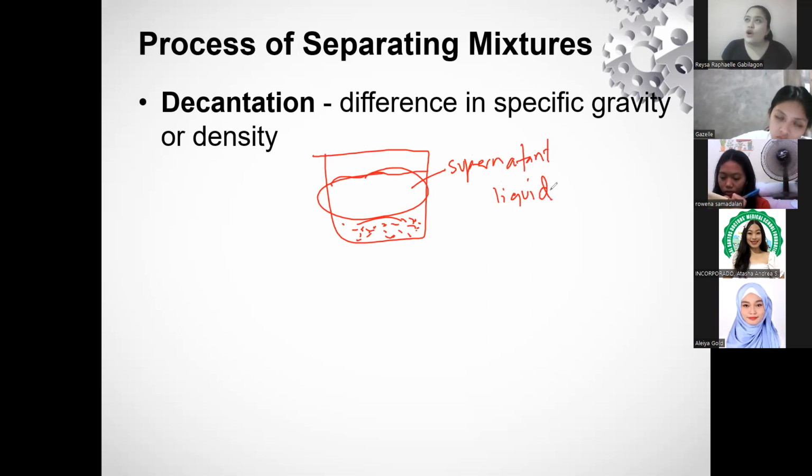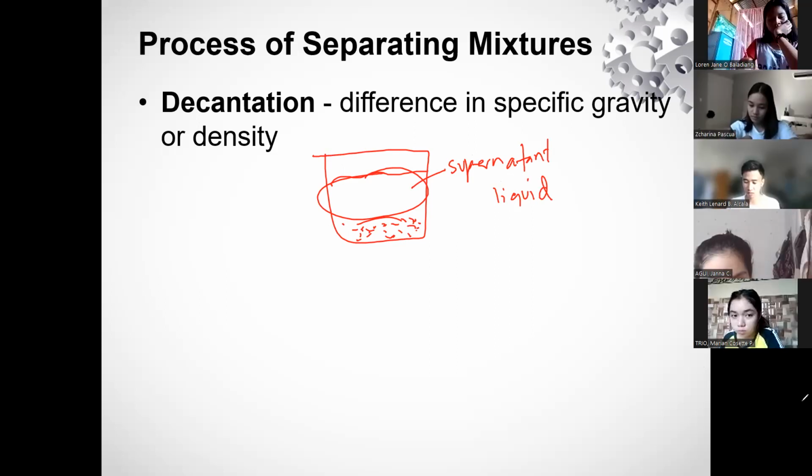This is called the supernatant liquid. In short, kay pagkaon man pirmi atong ginaistoryahan, pag naglungag ka, you're actually doing decantation. Di ba? Pag naglungag ka, you wash the rice, you let the rice settle at the bottom sa inyong kaldero, and what are you going to do with the liquid na gipanghugas ninyo?